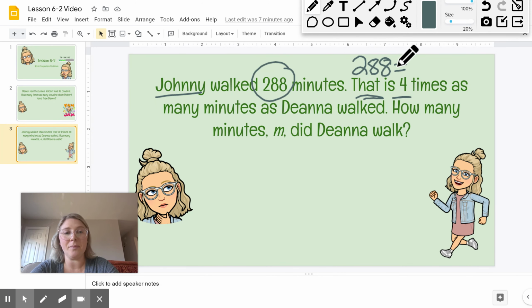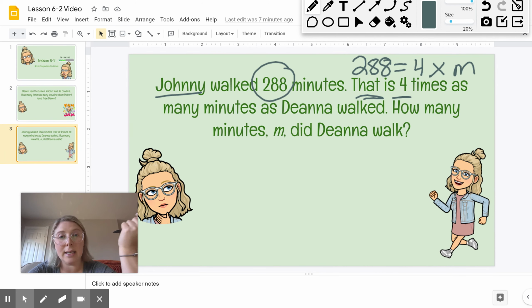So 288, remember we used some keywords, is like equals. So 288 is 4 times as many minutes as Deanna walked. M, we don't know. So using keywords in the problem helps you. The word is like equals, okay?